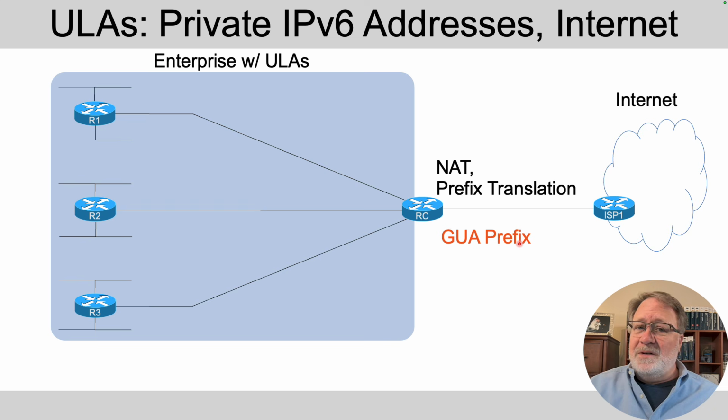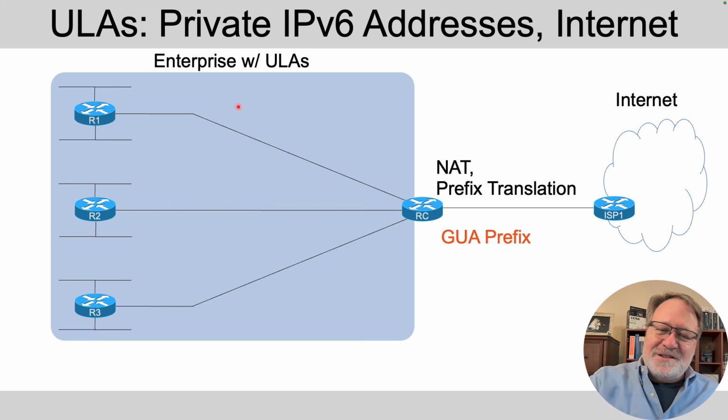Now, it turns out with IPv6, this is so unpopular that while there is support for NAT, for IPv6 to IPv6, as I'm showing here, it's not even standardized, all right? Vendors support it, but there's no RFC to define it because it's so unpopular. Why is that? Well, it turns out GUAs are very successful.